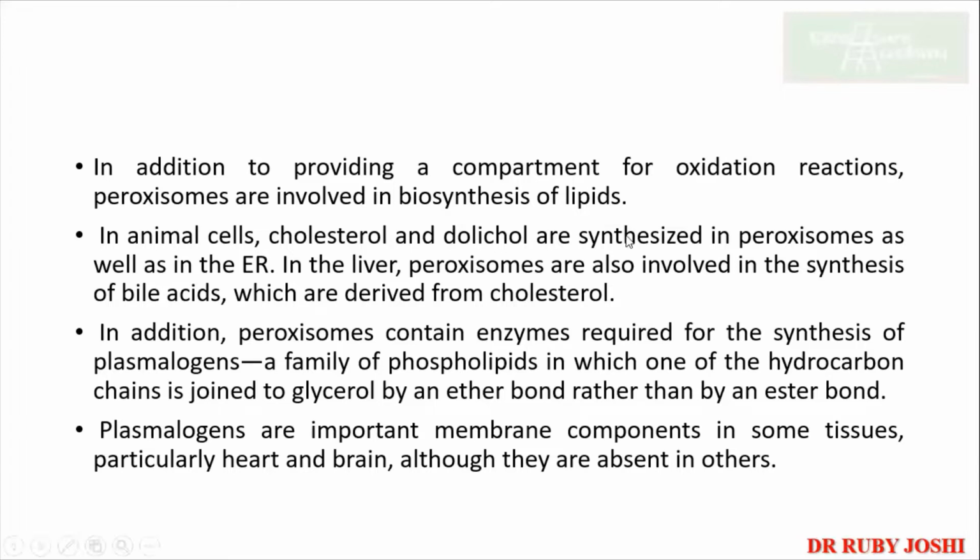They are meant for the synthesis of plasmalogens, which are a family of phospholipids in which the hydrocarbon chain is joined to glycerol by an ether bond rather than an ester bond. This plasmalogen is really very, very important. It is a part of the heart and brain, and it is absent in others. So, especially in the heart and brain, it is present. It gives strength to the cell. It provides strength, plasmalogens.